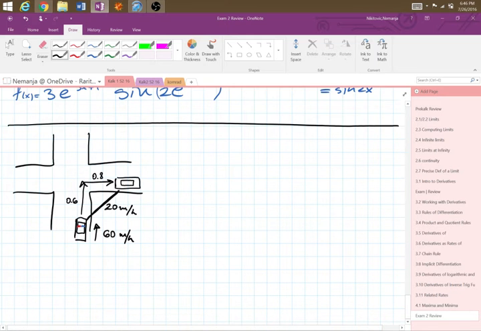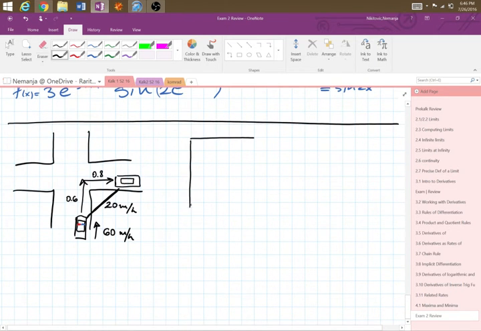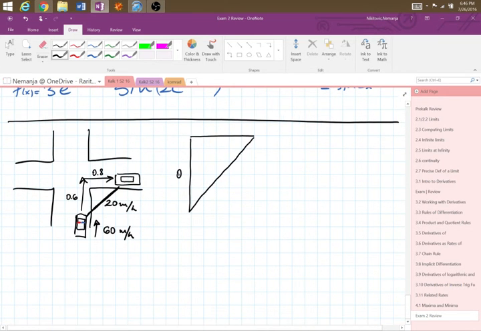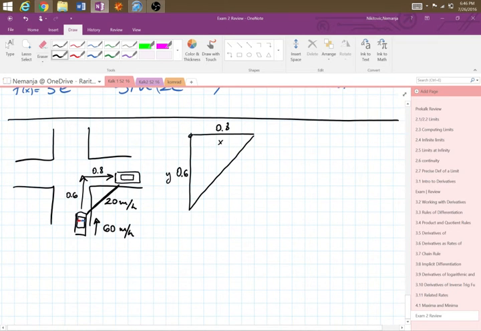Now what I'm going to do is draw a triangle that doesn't have any of these pretty drawings. It's just a triangle. I should have drawn this one shorter, but just deal with that. So this is my x, and this is my y, and it's important to have those reference points so you can get the minuses and pluses straight.